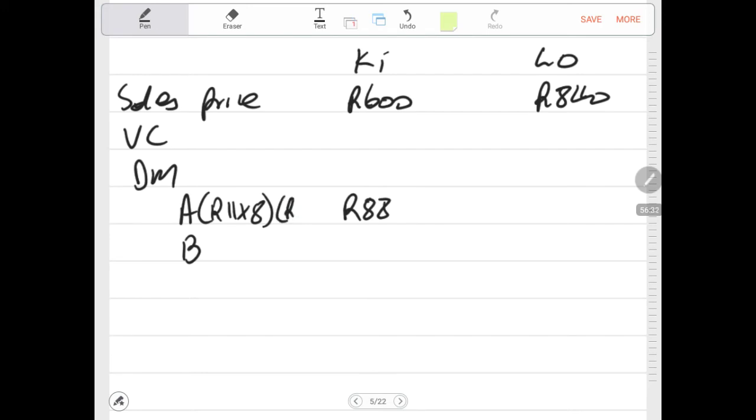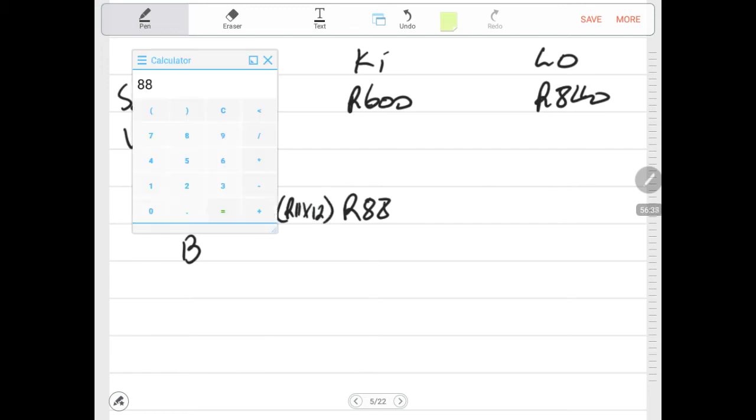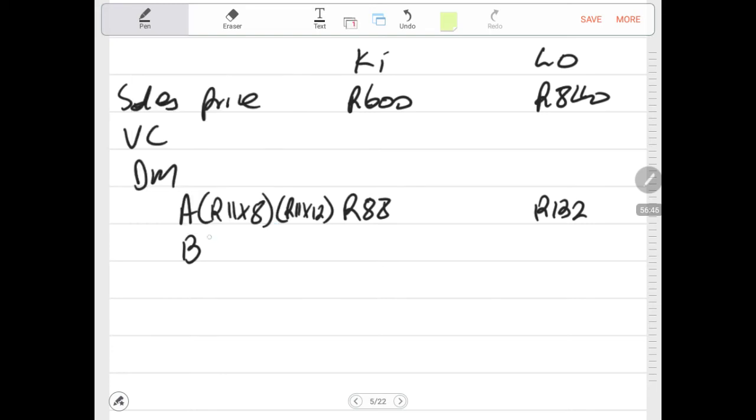We still need the same 11, but at 12 rand per kg. 11 times 12 is 132 rand. Then we come to material B. Material B price is 16 rand 50, and the required kgs to complete 1 unit with regard to material B is 5.